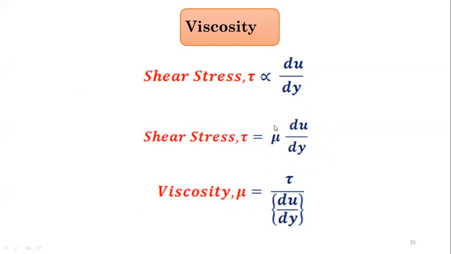From this, mu is called the coefficient of viscosity or dynamic viscosity. So mu equals tau by du by dy. This is our final equation for finding the viscosity of the fluid if you know these terms: tau, the shear stress, and du by dy, the velocity gradient or rate of shear strain.